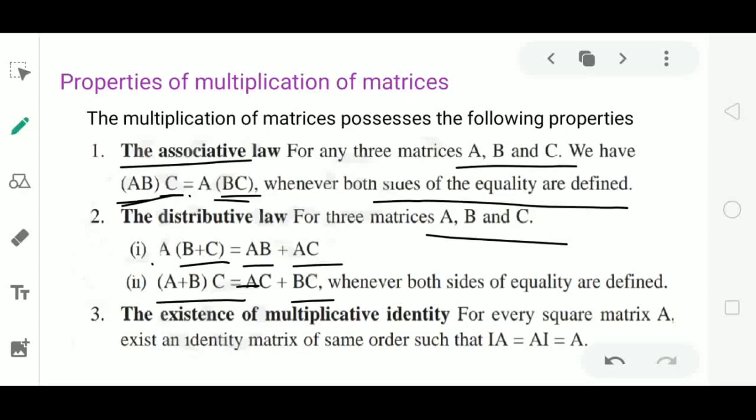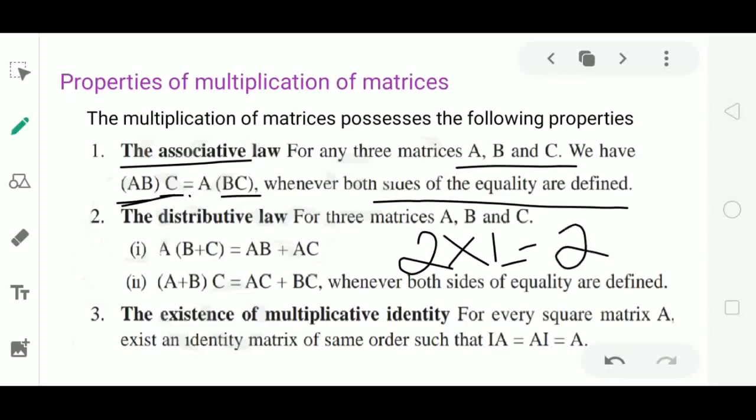Next, existence of multiplicative identity. We already know that suppose if I have any number 2, then multiplying 1 to this number gives us the same number 2. Similarly, 1 into 2 is also equal to 2.